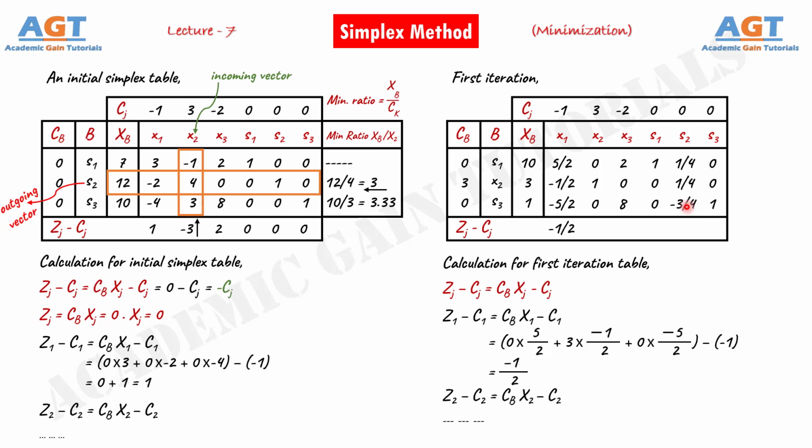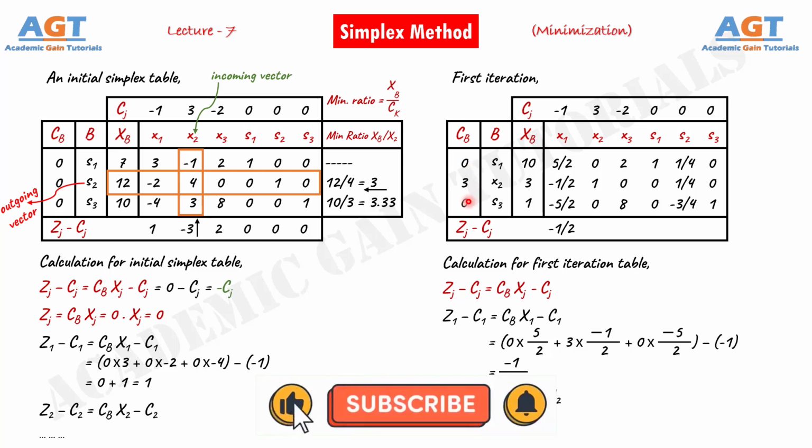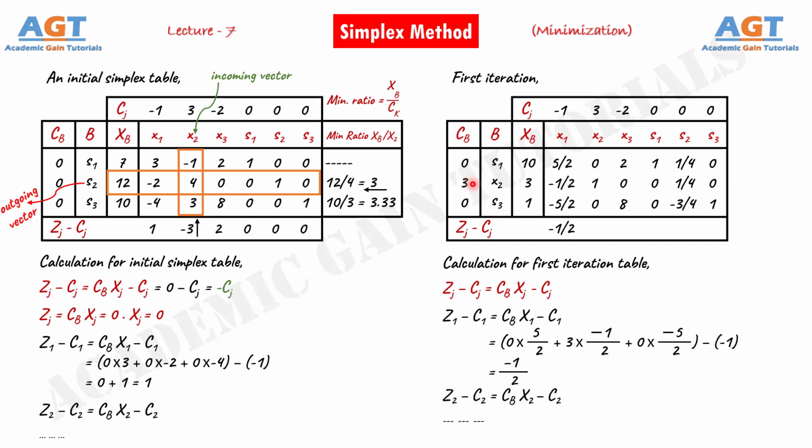So, for quick calculation, we will notice which values of the CB column are 0. Here we have 2 zeros in CB column, so we don't have to calculate for 0, we will only calculate for 3. Here, 0 into 0 will be 0, 3 into 1 will be 3, minus Cj. Here value of Cj is 3, so 3 minus 3 will be 0, so the value of Z2 minus C2 will be 0.